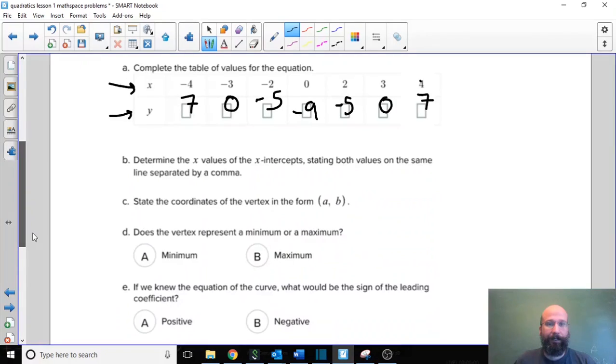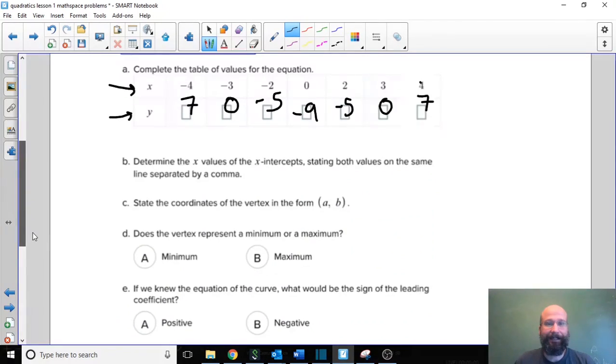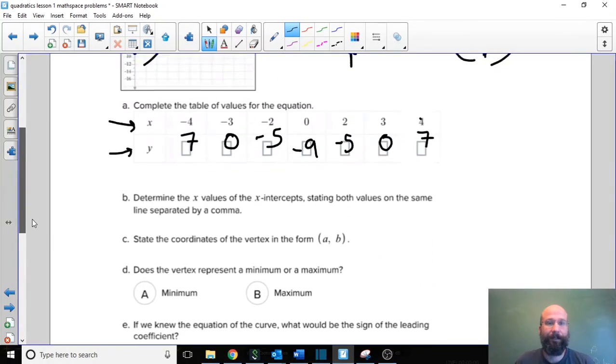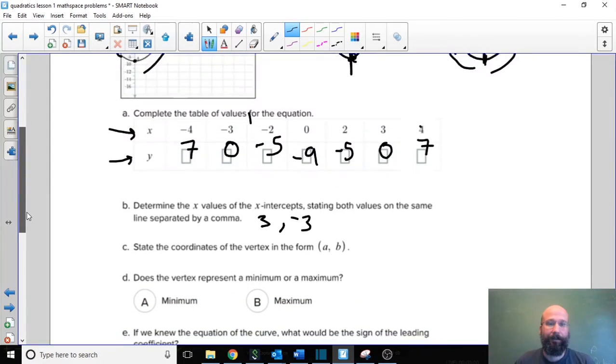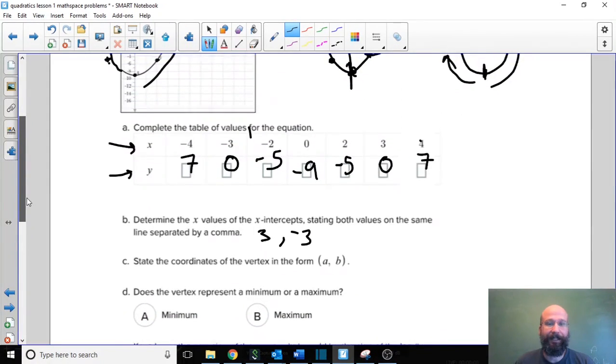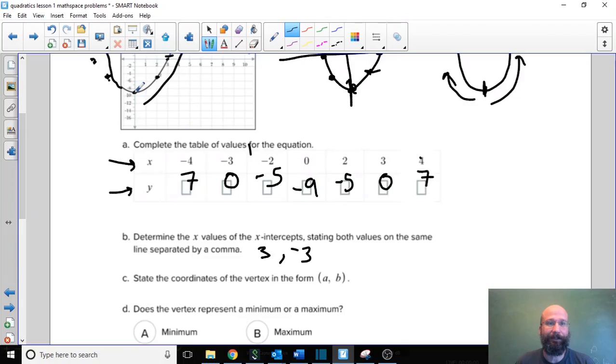So determine the x values of the x-intercepts. Again, the x-intercepts are where it crosses 0. So that's going to be 3 and -3. The vertex is going to be this lowest point, which is right here.